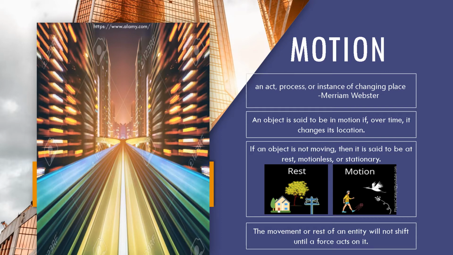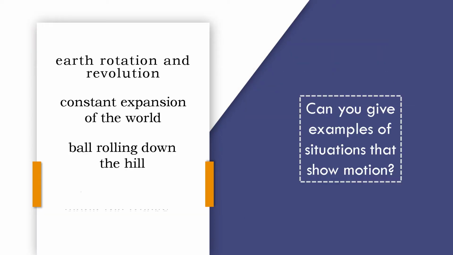So, the factors that I have discussed, they all contribute to the question that I flashed earlier, how can you tell if an object is in motion? So, ito po yung ating explanation. Can you give examples of situations that show motion?